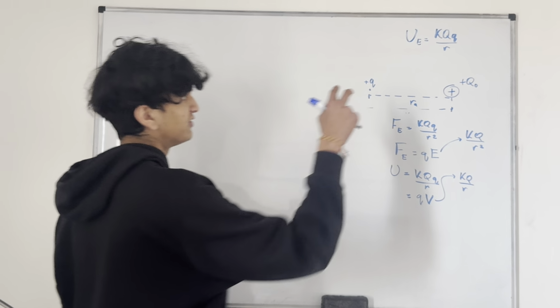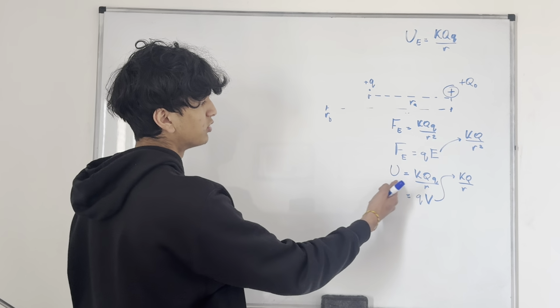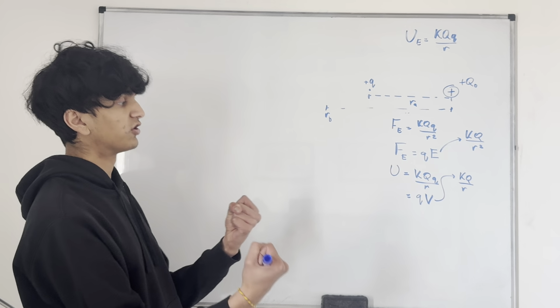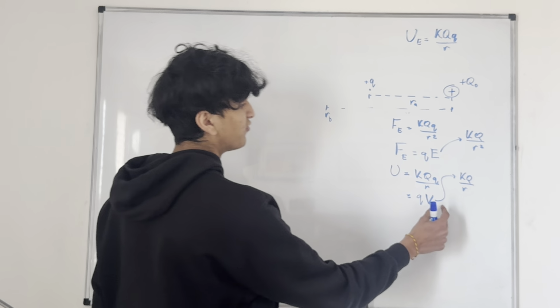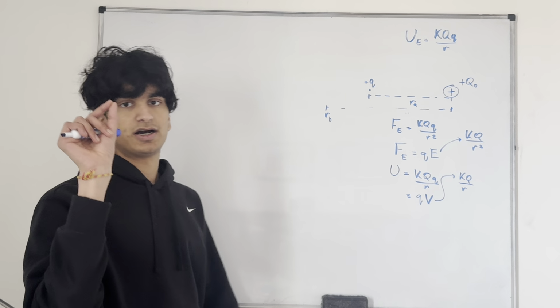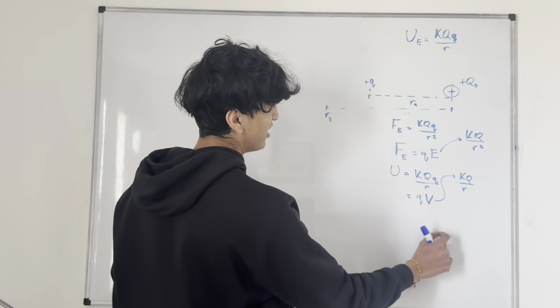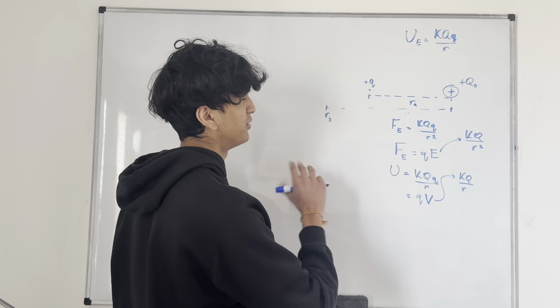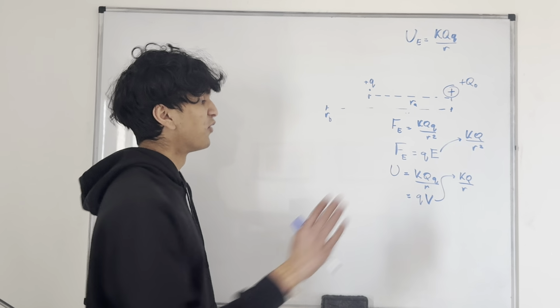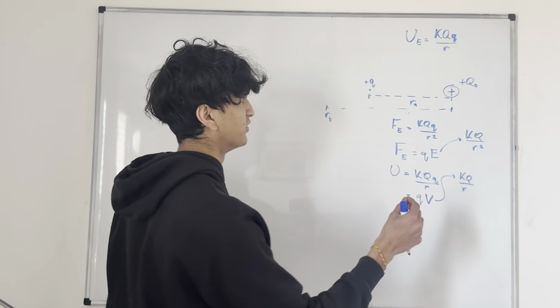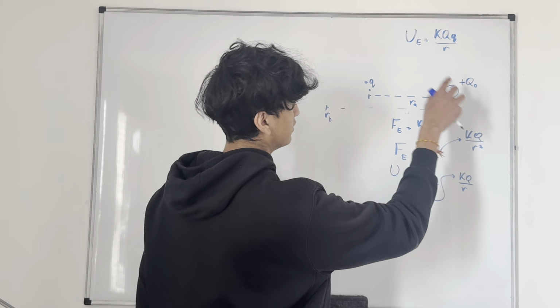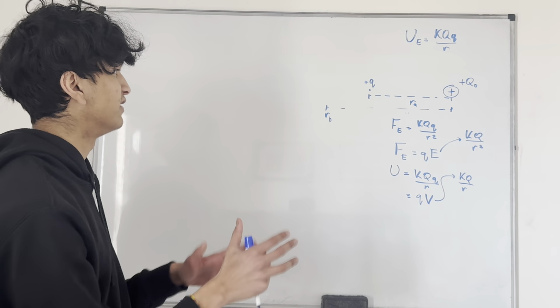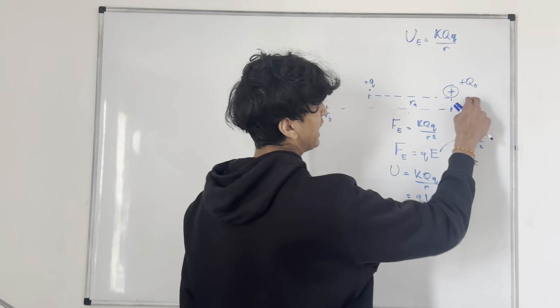So if I increase Q, my U, the potential energy that charge experiences, will go up, but the potential, I'll talk about vocabulary in a second. The potential, this is not voltage, in my opinion. I'll talk about what I think voltage means. And the potential stays the same because the potential is created by this charge.